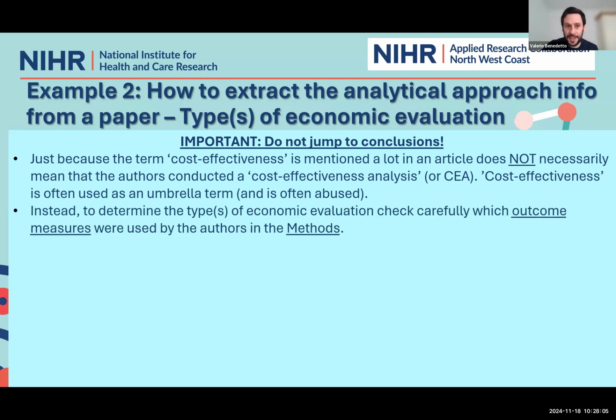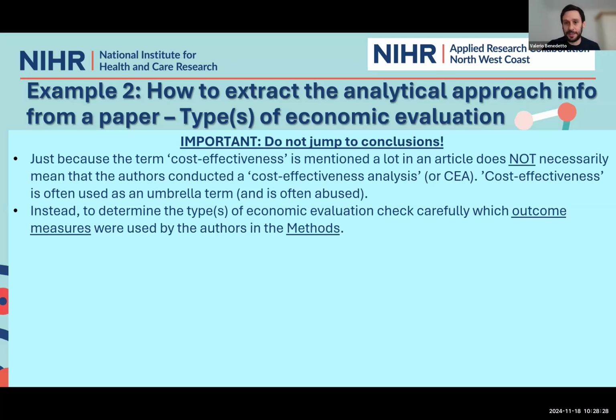So the way we determine the types of economic evaluation used by the authors is by carefully checking the outcome measure used by the authors in the methods. And like Luis was saying before, have a look at what outcomes they used. If it's QALYs, it's a cost utility analysis. If it's something monetary, it's a cost benefit analysis.